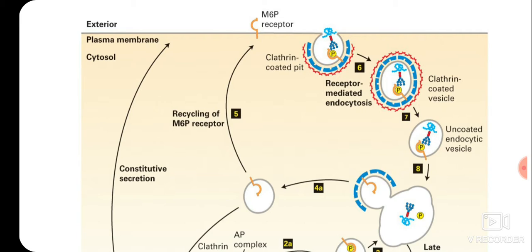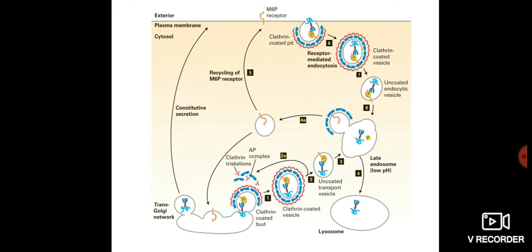This protein which got secreted will get attached to this receptor, which further induces a receptor mediated endocytosis process, wherein the mannose 6 phosphate receptor binds with the ligand, that is the hydrolase enzyme, and then induces the formation of a clathrin coated pit, and then further polymerization of clathrin will happen.